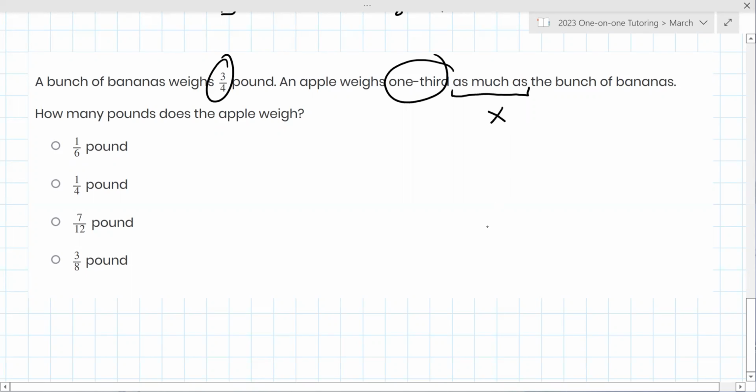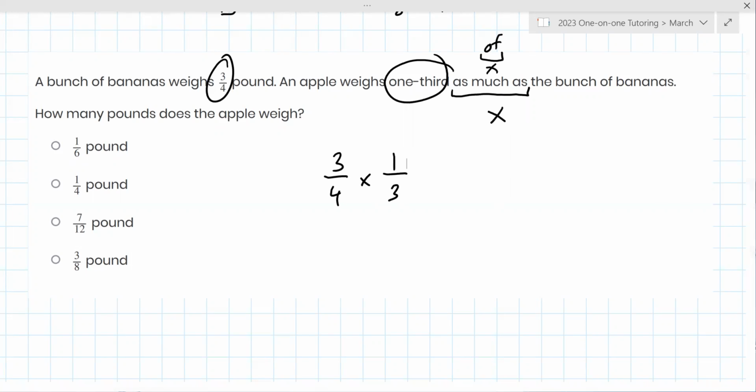Multiplication, yeah. So we've looked at words like of means multiplication, as much as means multiplication. So it's 3/4 times 1/3. I'd like you to multiply these together and reduce as much as you can.